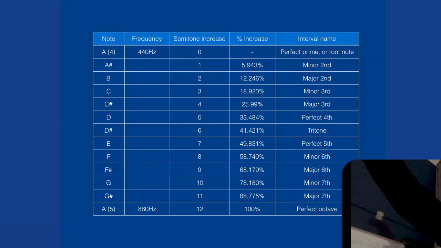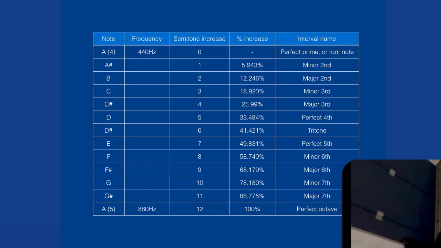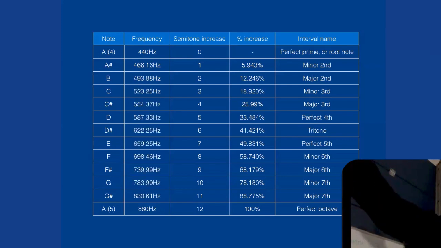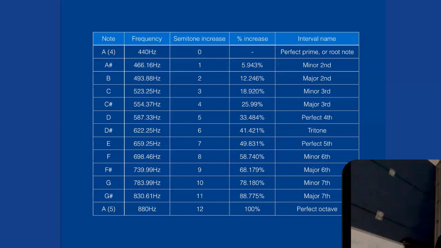We now know, using the calculation of the percentage increase, what the percentage increase on that 440 will be to create A sharp, which is 466.16 hertz, a 5.946% increase on 440. Then we can create the next calculation, and eventually we can just fill in the whole table by using a simple mathematical calculation.